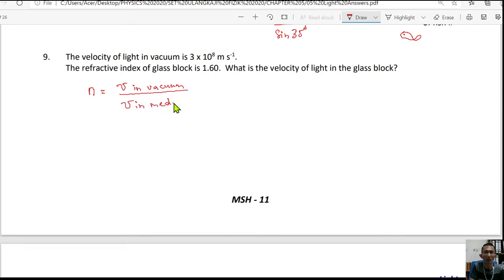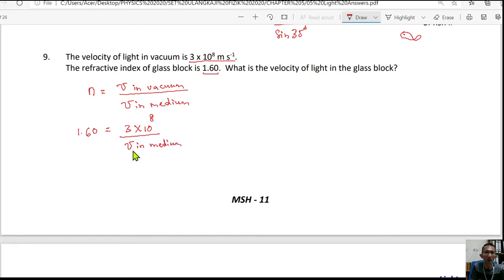For example, here I have a glass block. We are given the refractive index and the velocity of light in vacuum. So refractive index 1.60 equals the velocity in vacuum, 3 times 10 to the power of 8 meter per second, divided by the velocity of light in the medium, or in the glass block.